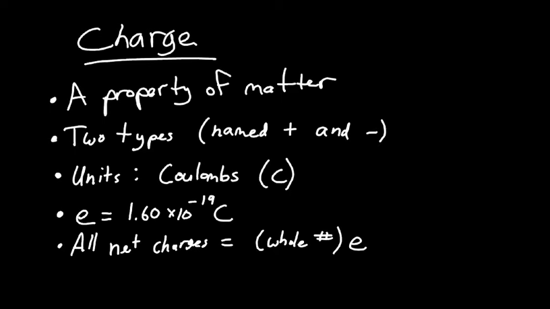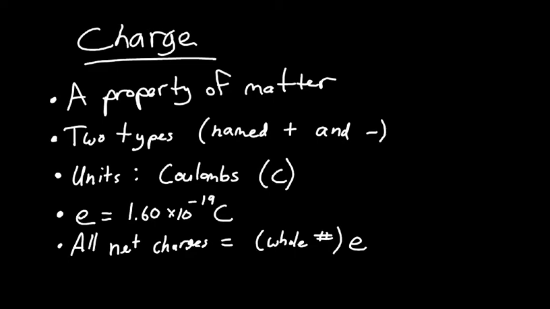Well, we can compare this to the charge on an electron. An electron, of course, is a little tiny piece of matter. It has a charge of negative 1.60 times 10 to the negative 19th coulombs. Protons have the same value for their charge, but a positive charge instead of a negative.